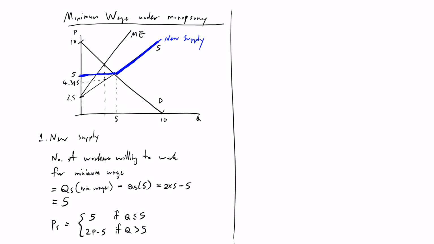So it's a horizontal line. But once you decide you want to hire more than minimum wage workers, you have to give everyone, including the minimum wage workers, a pay raise. And that would result in a jump in cost, expressed in this new marginal expenditure curve.